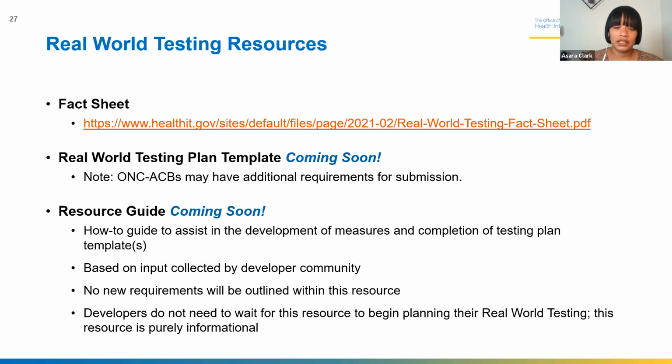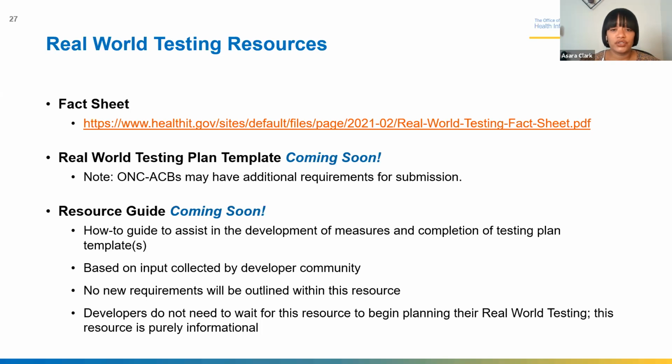We are going to make it publicly available. It's coming soon. It has not been posted yet, but we are going to make it publicly available, okay? So when you're using the template, if you choose to use it, because it is optional, you want to just make sure you check with your ONC ACB on whether or not they have any additional requirements for submission.